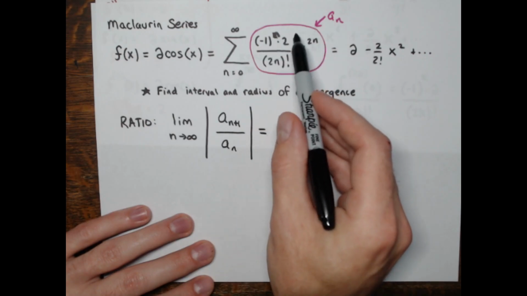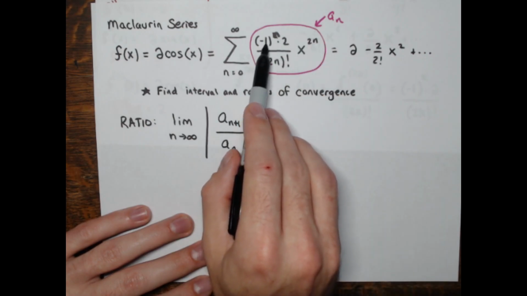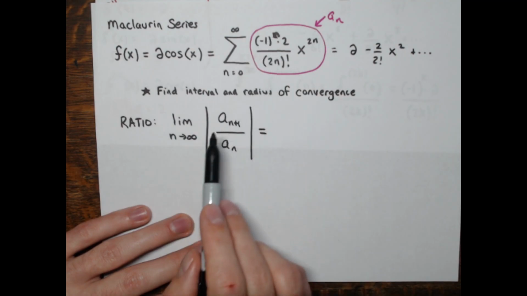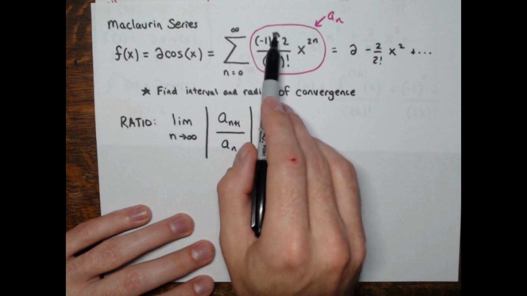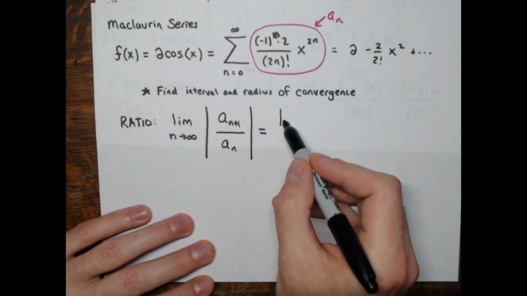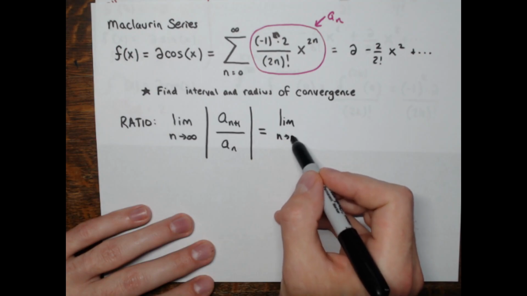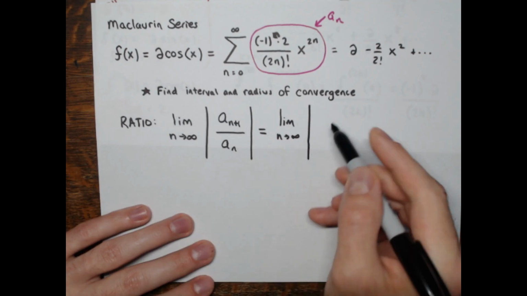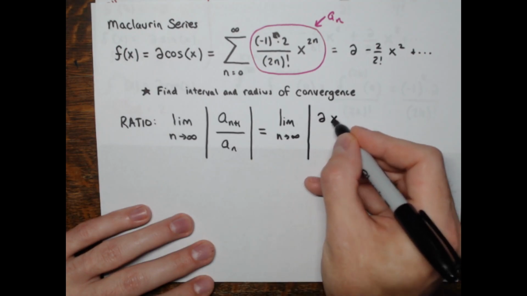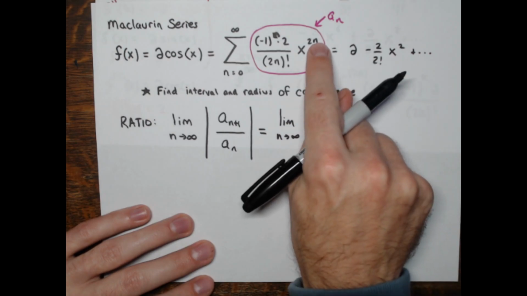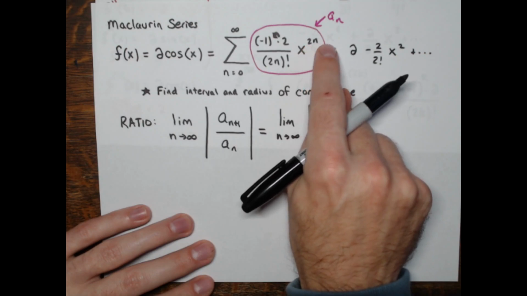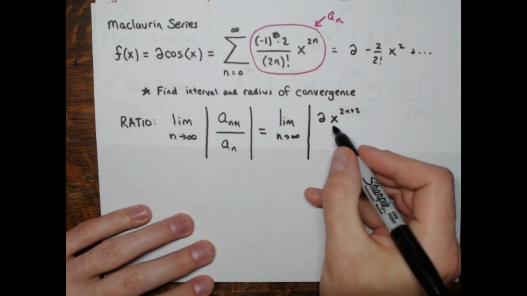Well, for this here, I'm just going to get rid of this power of -1 to do an absolute value. So I'm just going to make these all positive and get rid of this -1 to the nth. So this would be the limit as n approaches infinity of the absolute value of 2 times x. Now that'd be 2n plus 2, if I replaced n with the quantity n plus 1 and distributed the 2, I'd have 2n plus 2 power there.